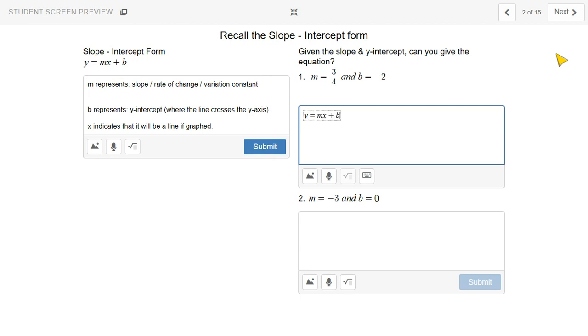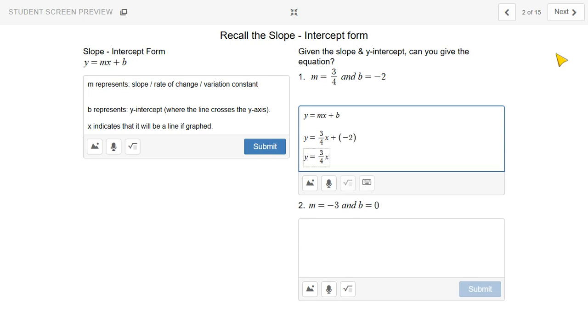So y is equal to mx plus b. We know that the slope is 3/4, so we have y is equal to 3/4 x, and we're going to be adding a -2. Now, let's simplify. We have y is equal to 3/4 x minus 2.